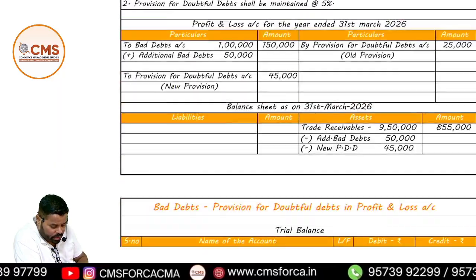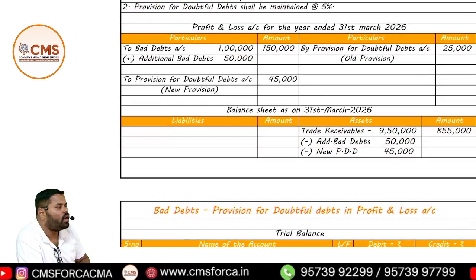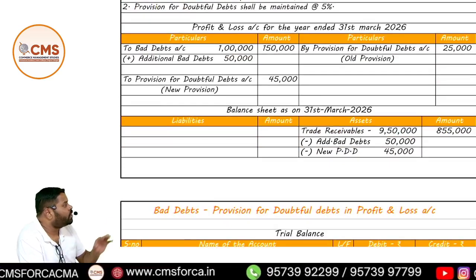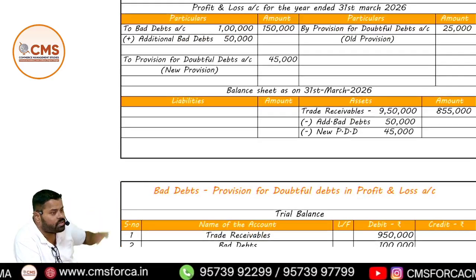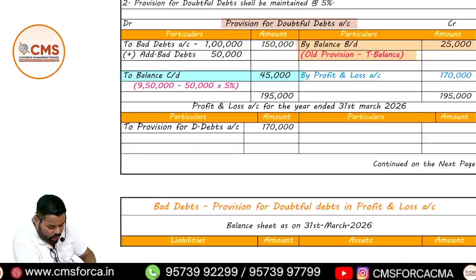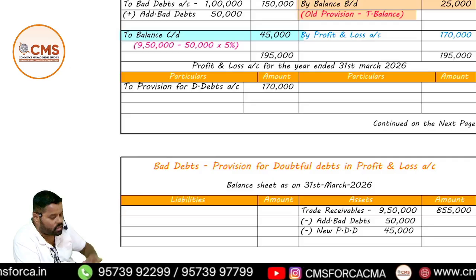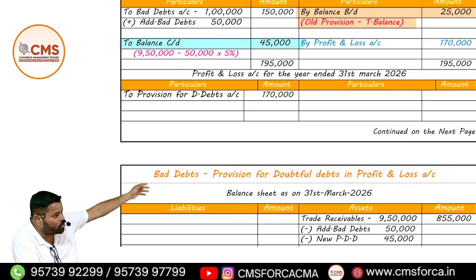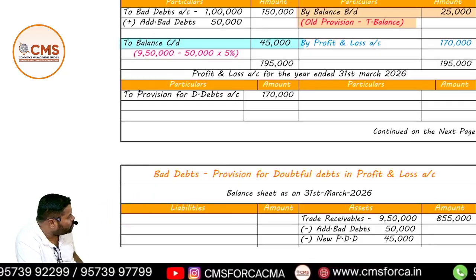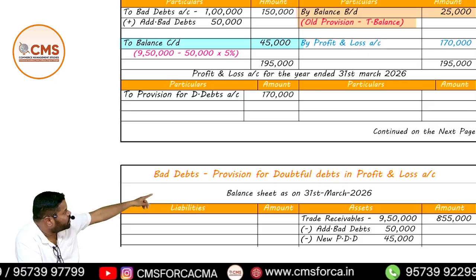So showing it this way is not wrong, but it is not a proper or appropriate way of showing it. Instead of showing your P&L account like this, we will write only one number in the P&L account, writing it as provision for doubtful debts. From where did I bring it? From my provision account balance on the credit side. What is the entry? Profit and loss account debit to provision for doubtful debts. What is the entry that we have posted here?